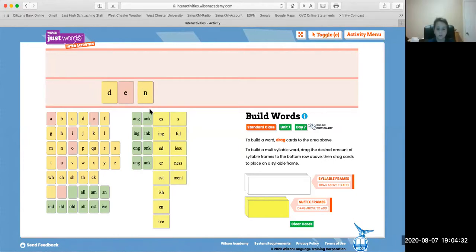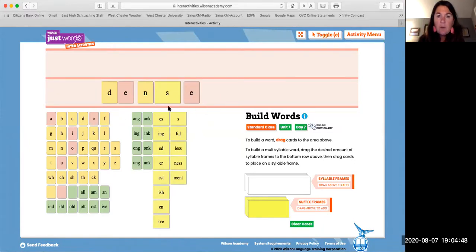Den. Okay, what happens when I add an S to it? Dens. Okay, what kind of syllable is this? It's a closed. Very good. Now, what if I add an E to the end of this word? What is this word now? Dense. Very good.